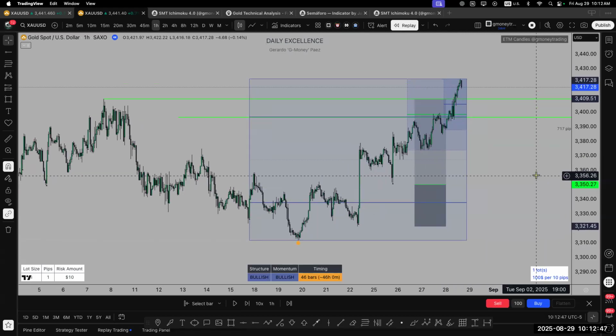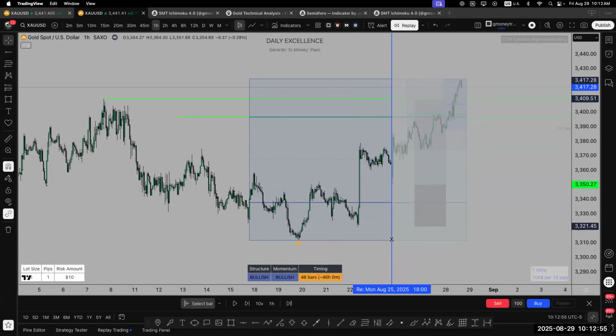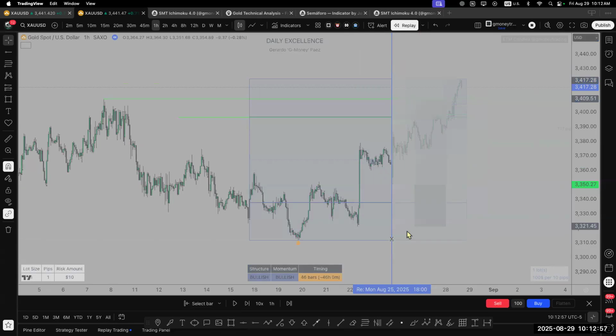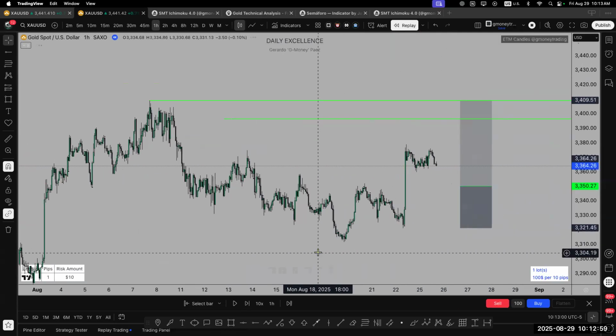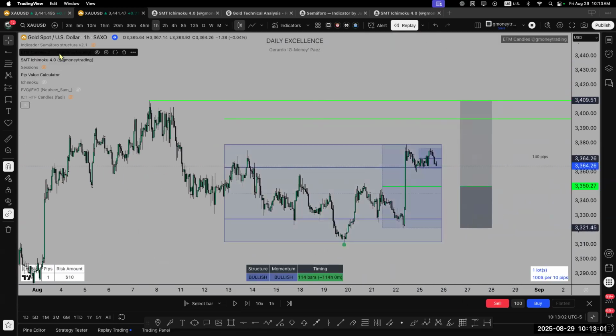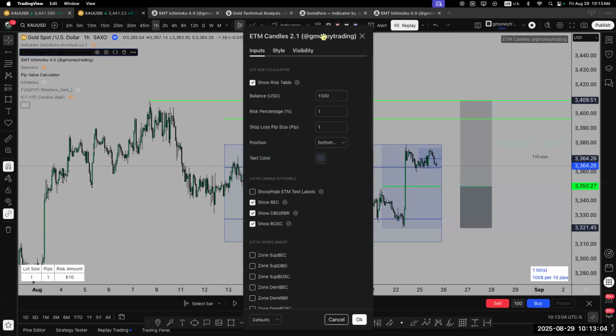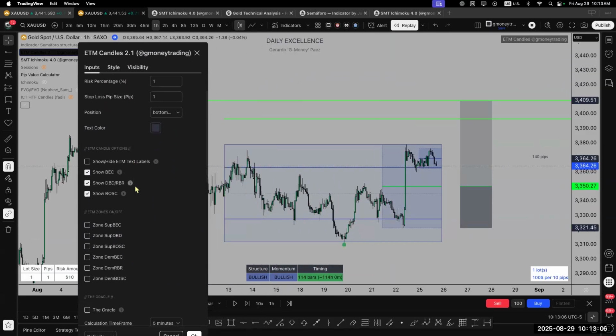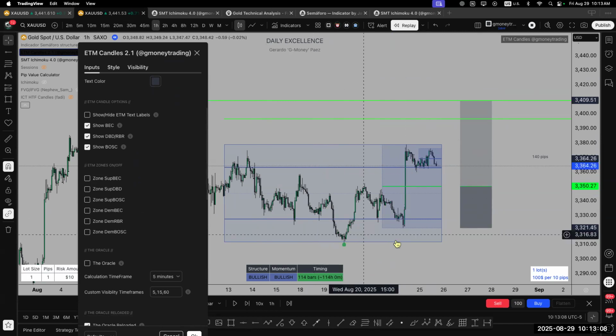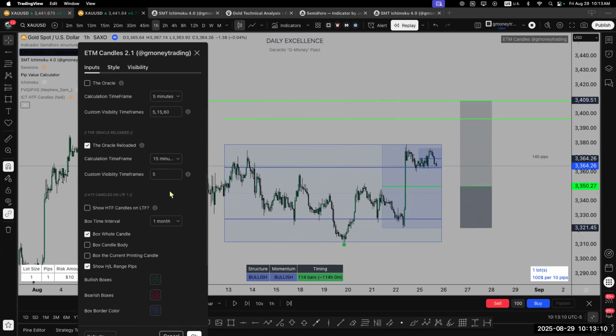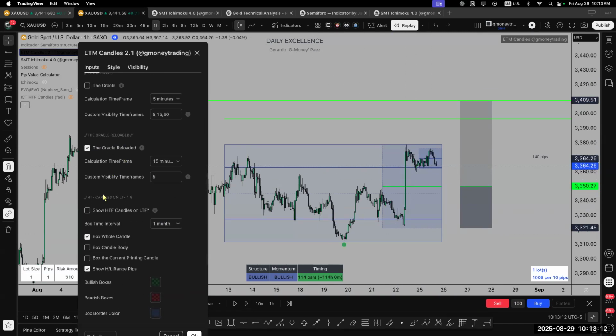So the 52 mid is strong on the 5 minute, and the 52 mid is strong on the 1 hour. The ETM indicator, guys, that we have. Remember the ETM, the candles indicator? Before the boxes were born, we used to use the Oracle lines.